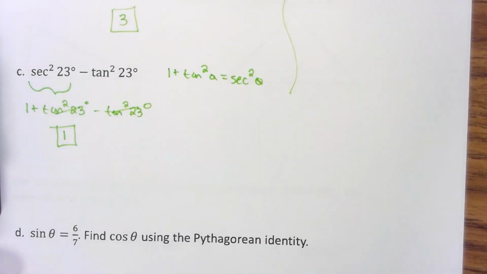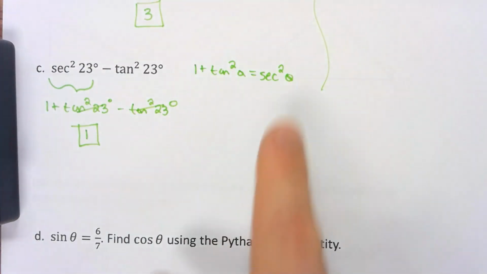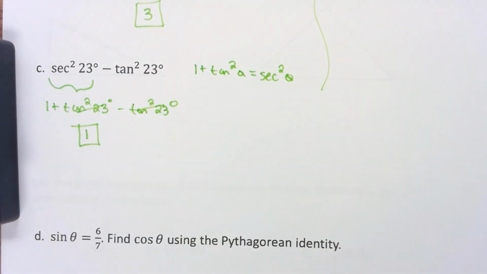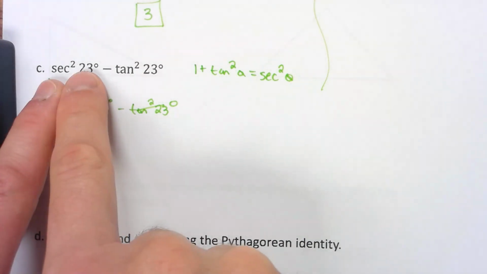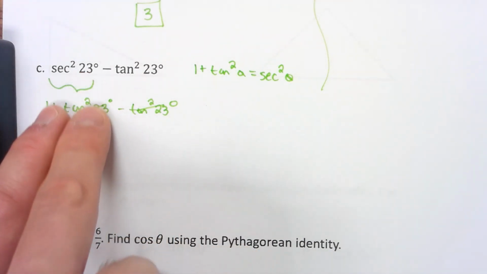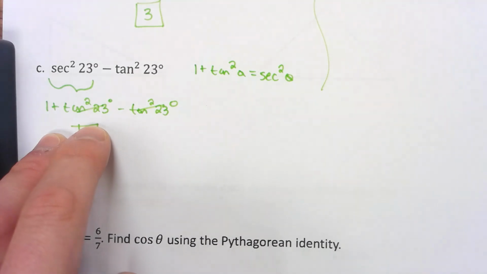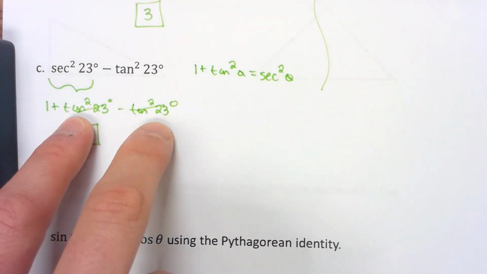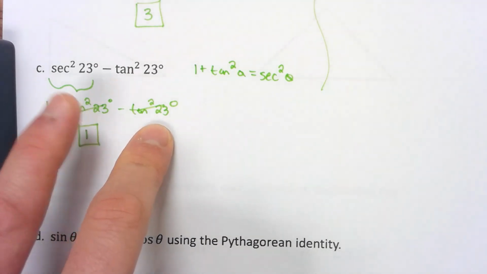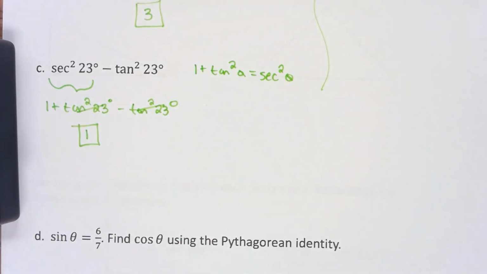Again, if I look at my Pythagorean identities, I'm noticing that I have one that's equal to secant squared of theta. That being 1 plus tangent squared of theta. So if I replace secant squared of theta, where theta is 23 degrees, with 1 plus tangent squared of theta, those tangent squareds cancel out, right? I have a positive and a negative tangent squared of 23, canceling them out, leaving us with just 1.